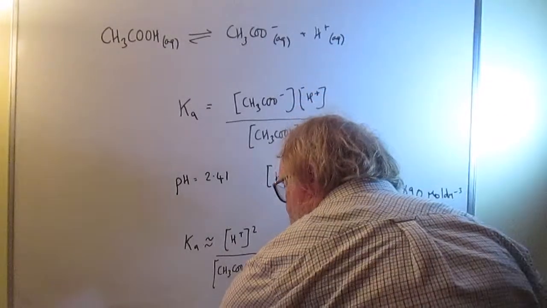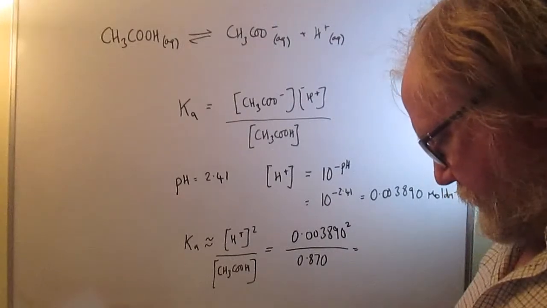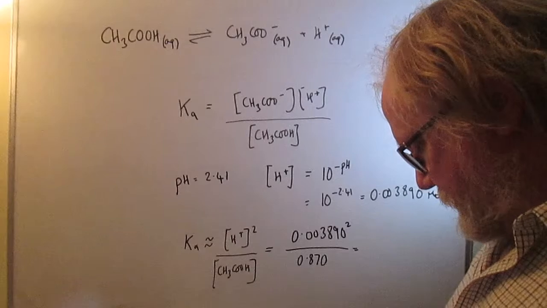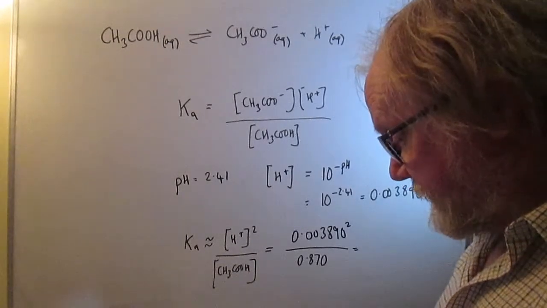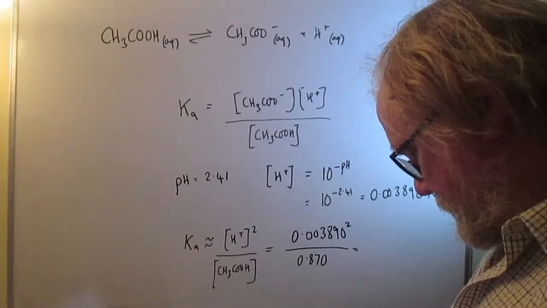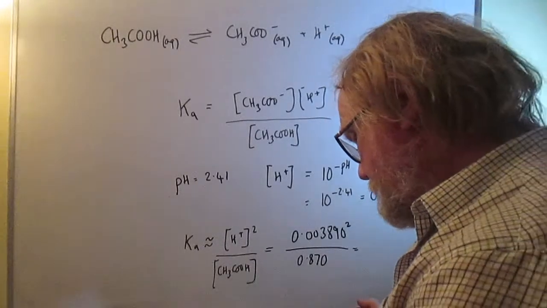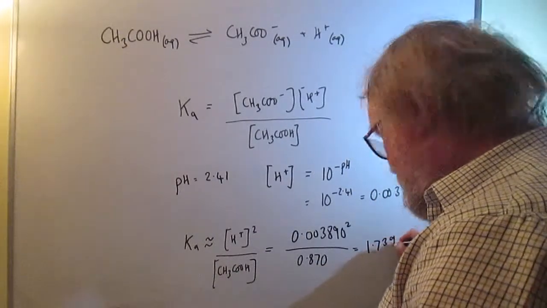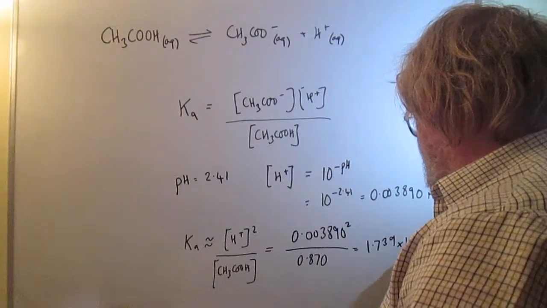So we've just got to compute that to get the value of Ka. 0.00389 squared divided by 0.87 equals 1.739 times 10 to the minus 5 moles per dm cubed.